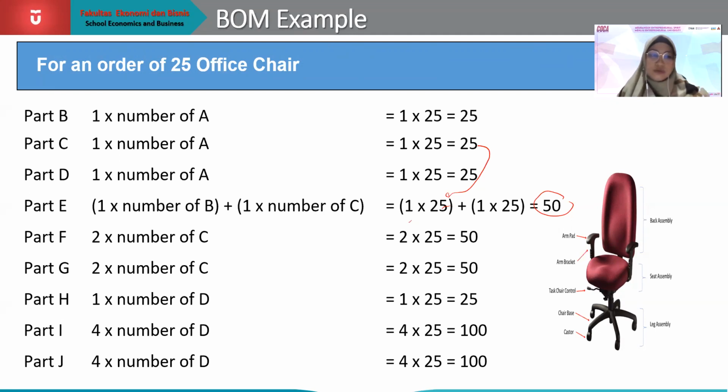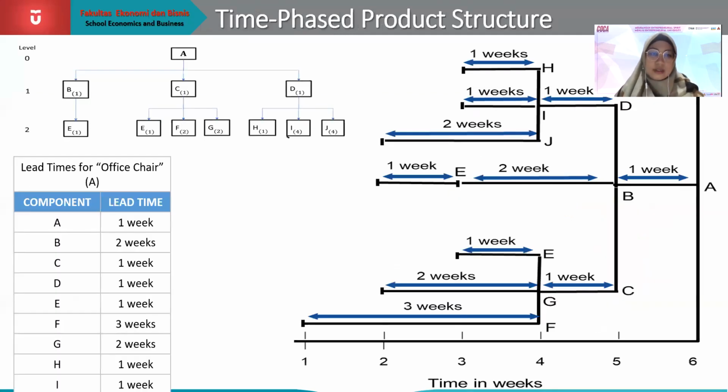Okay, I will move to another slide. After you make a recap of all the materials, the quantity of each material that you need to make 25 office chairs, the next part is you need to know how many weeks you need to make all of this product.